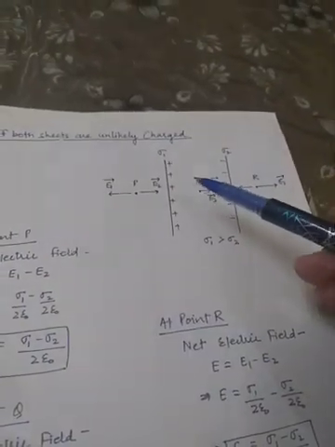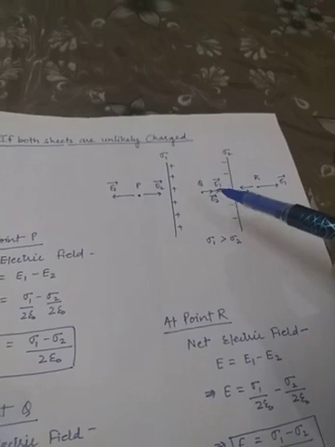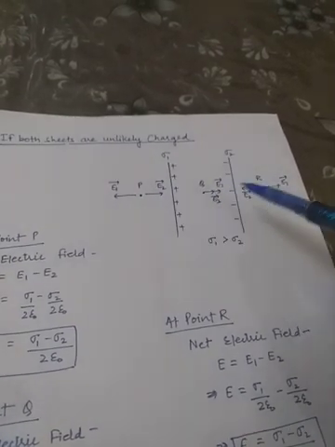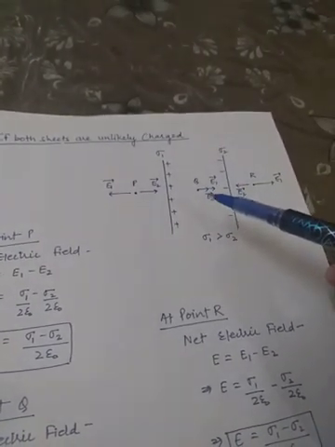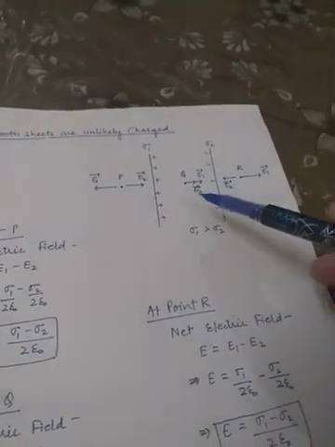And at Q, due to positive, away from positive means towards right, and due to negative, towards negative means again towards right. Means at point Q, both the electric fields are in same direction.